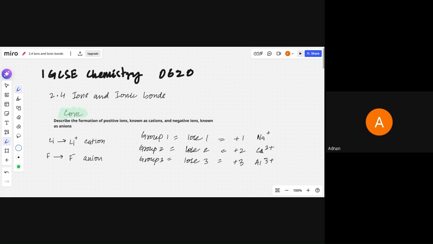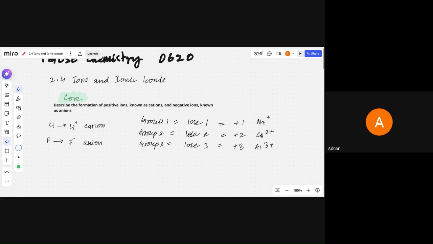This is how we identify, for an element on the periodic table, whether it will form a cation or an anion, and what the charge on that ion will be.